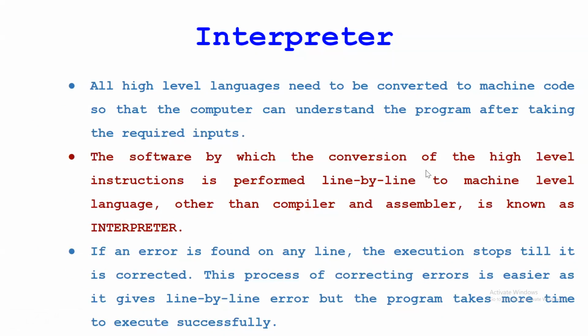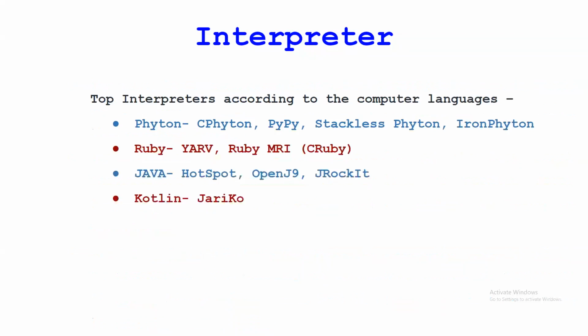If you miss this word, then it becomes the compiler, right? So line by line to machine language, other than compiler and assembler, is known as an interpreter. And if an error is found on any line, the execution stops till it is corrected. This process of correcting errors is easier as it gives line by line errors, but the program takes more time to execute successfully. Already I just explained these points, right?